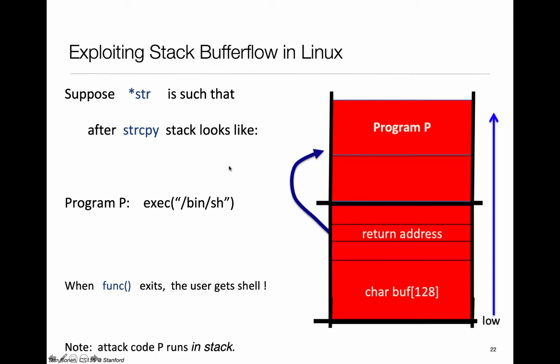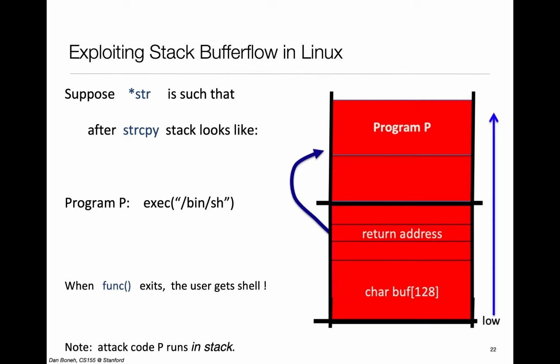And what happens, let's say, if program P had the string exec /bin/sh, is that the attacker would be able to get a shell, and this is called a reverse shell.